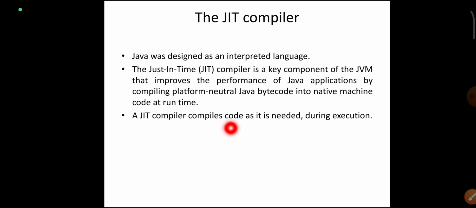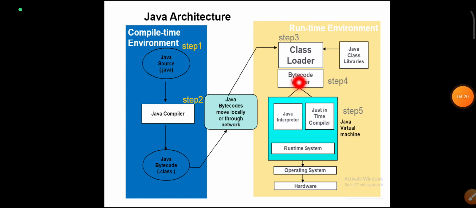A JIT compiler compiles code as it is needed during execution. Whenever it is needed, it executes with the help of this compiler. Whereas the Java interpreter will read the bytecode streams, then execute the instructions which we have to perform in these operations.